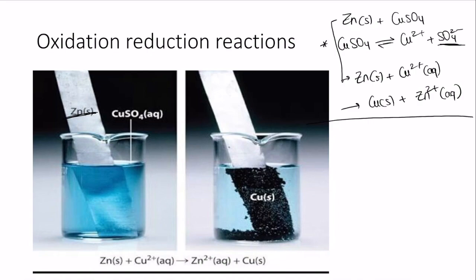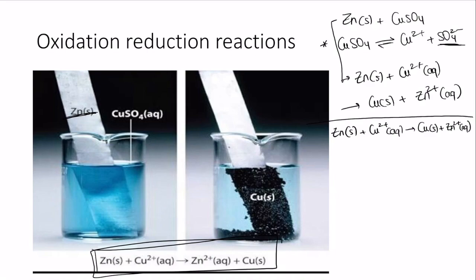So the reaction occurring here is Zn as a solid plus Cu2+ in aqueous form, giving us Cu as a solid plus Zn2+ in aqueous form, which is written over here.